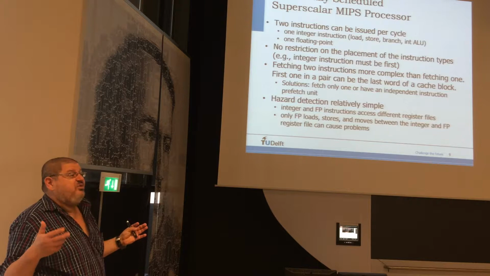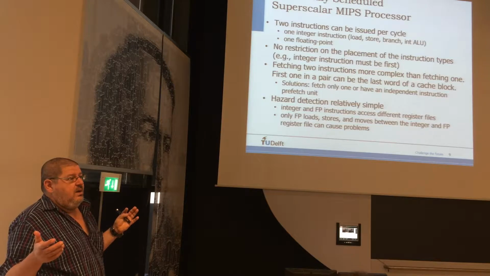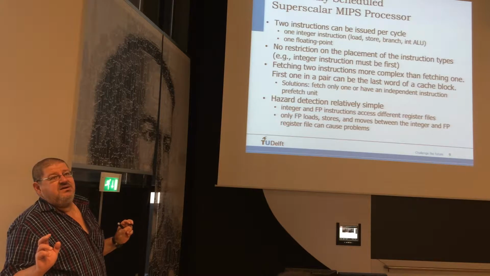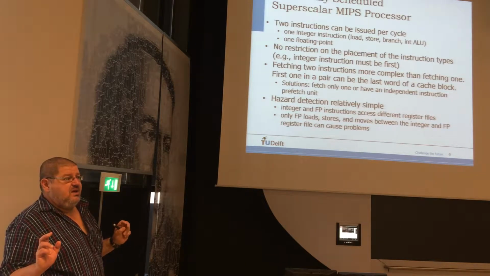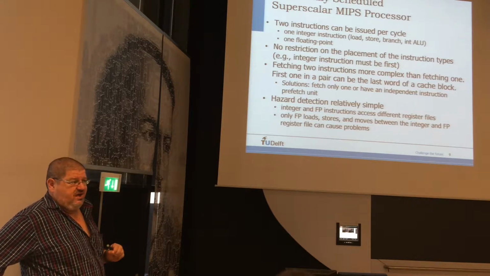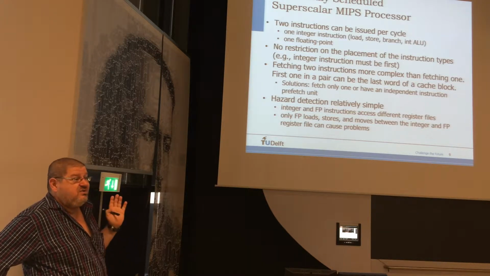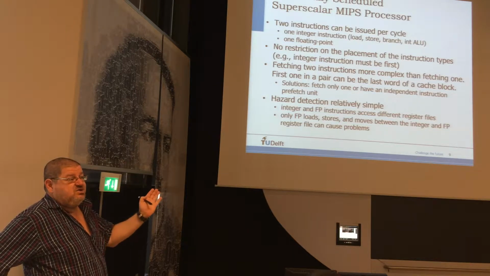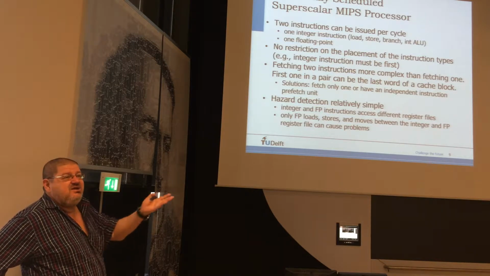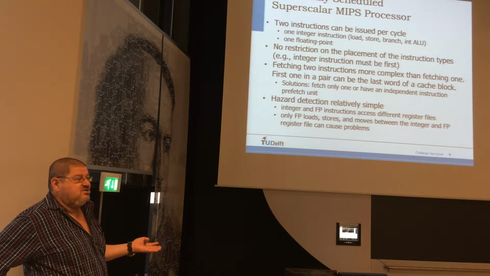Now, there are a couple of problems here, and I was mentioning the fetch. Here we have a very simple machine which may suffer from a very nasty situation. You fetch 2 instructions at a time from the instruction cache, where instructions are one after the other, and it may happen that you are not nicely aligned with the cache line. I'm assuming that you know a bit about cache, even though we'll revisit the cache later on, but we have to start from somewhere. I could have started from the memory organization.